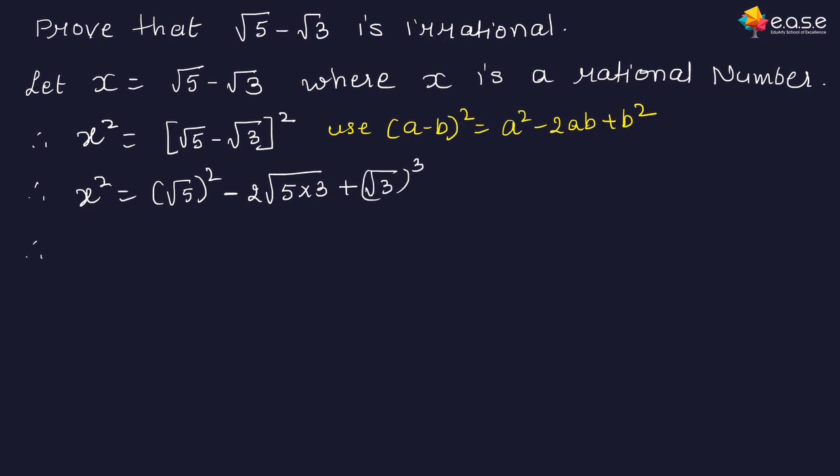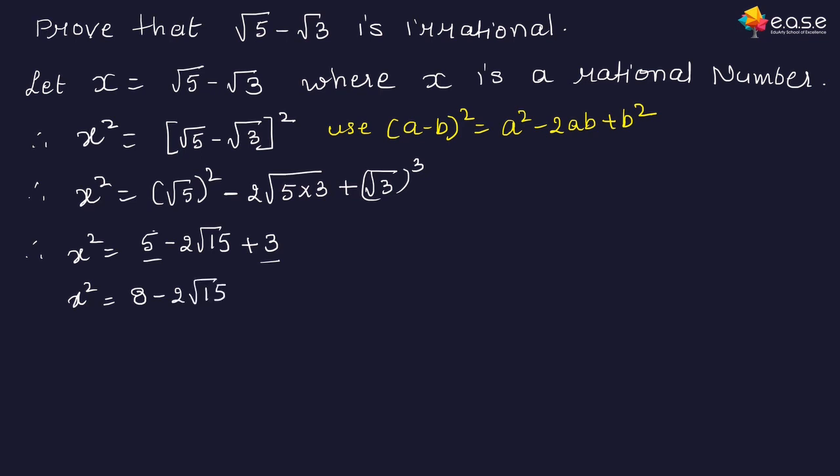So therefore we'll have x square is equal to 5 minus 2 root 15 plus 3. This 5 and this 3 we can add, and it will be x square is equal to 8 minus 2 root 15.